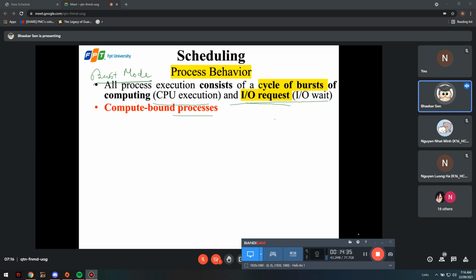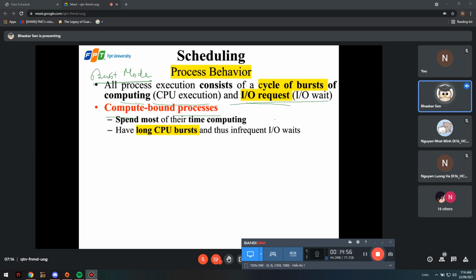These processes spend much of their time on computation. So long computation bursts and infrequent and short IO bursts. Then again, a long computation burst, and then short and infrequent IO bursts. If that is the feature, then we can easily say that these are compute-bound processes.